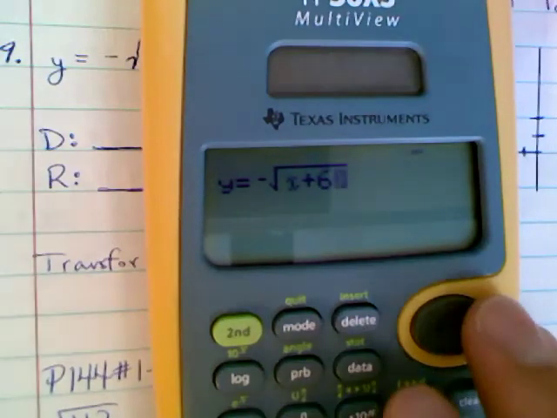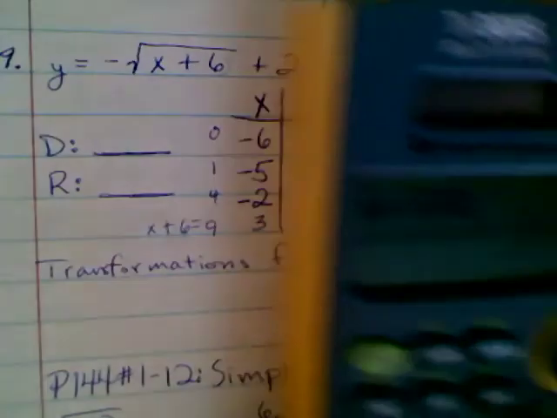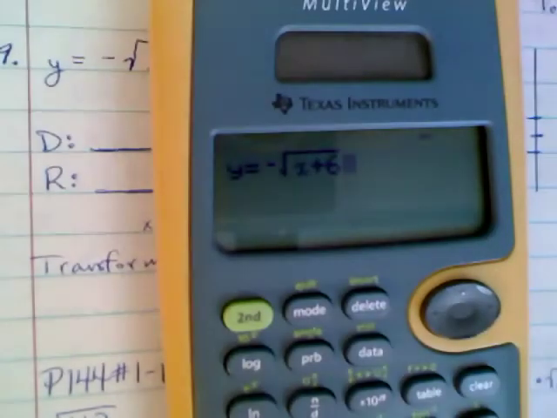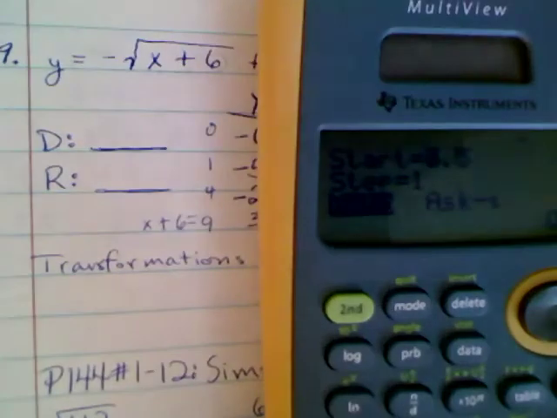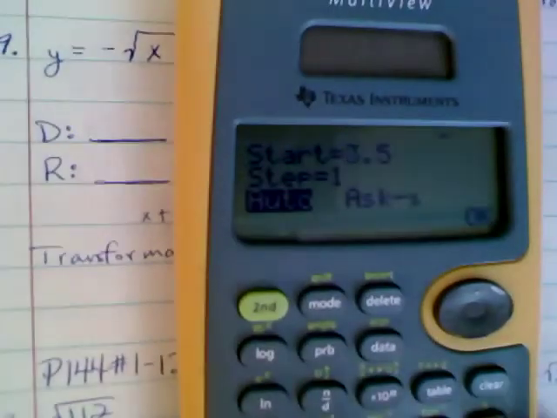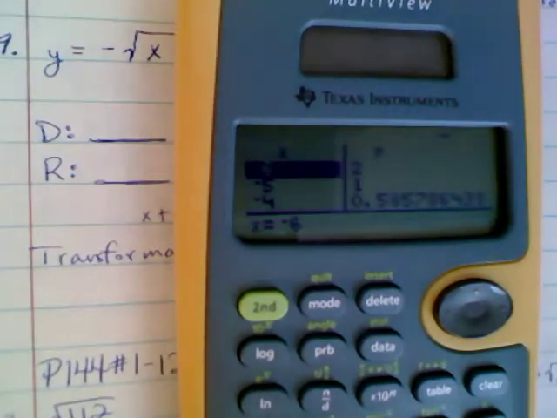And then you go to the right to get out of the square root, and plus 2. And then you push enter, and it says you want to start at 3.5. No, I don't really want to start there. I want to start at -6. And I want to go up by 1, I guess. So enter, enter, enter, enter, and here you go.